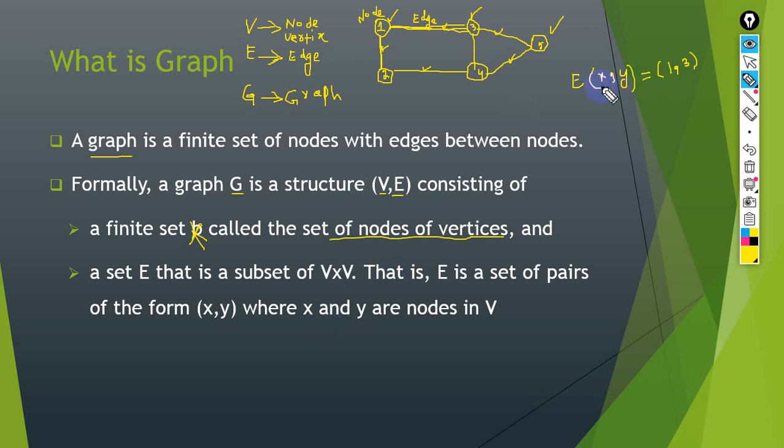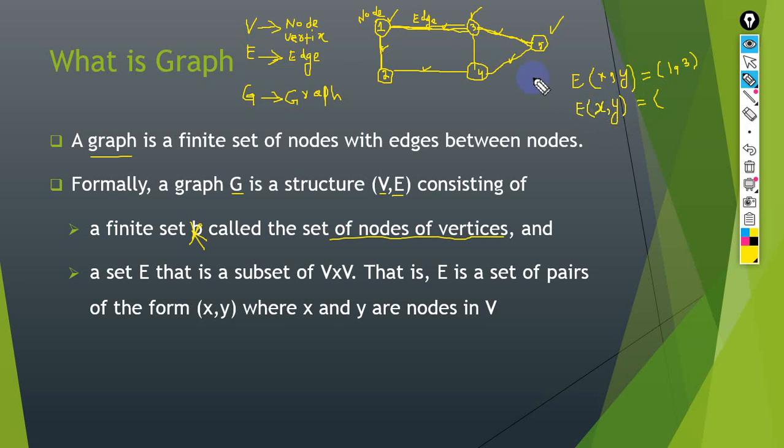Now an edge has x and y, and x here in this edge is 1 and y is 3. For example, if I want to represent this edge, how will we represent it? As an ordered pair (x, y). This ordered pair has vertices.